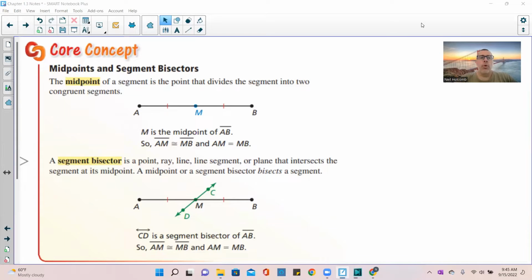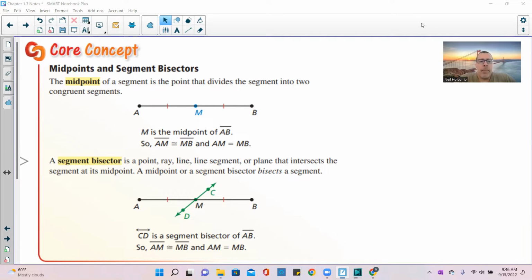Okay, so let's take a look at the core concepts first, midpoints and segment bisectors. The midpoint of a segment is the point that divides the segment into two congruent segments. So in this first diagram, segment AB, the midpoint is the point M. Since it's a midpoint, it cuts the segment into two congruent segments.